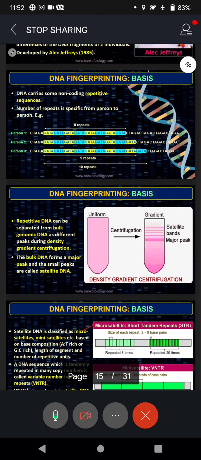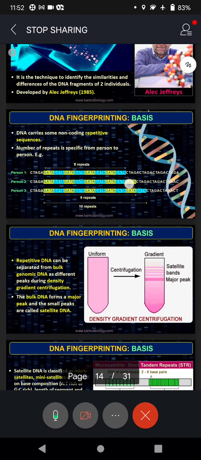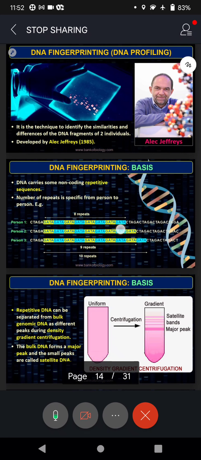The moment both the sequences match, that's the end of the story. And that is the reason why, since this is reducing the time, as I said, it takes decades to fix a person through the judiciary, now through biology it is only days.